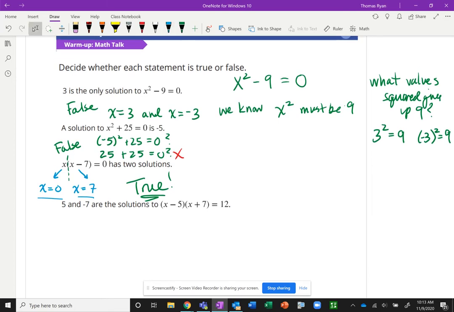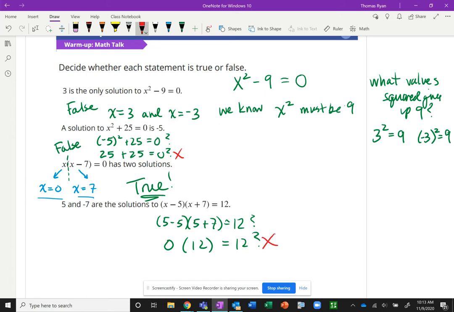And then the last one is asking whether or not 5 and negative 7 are solutions. Once again, how do we know if they're solutions? We test them. So let's try 5. Plug in 5 for x. Does this equal 12? 5 minus 5 is 0. 0 times 12? Definitely not 12, because 0 times anything is going to be 0.